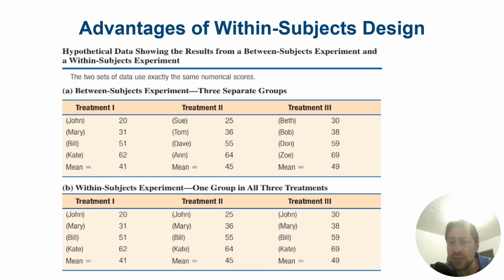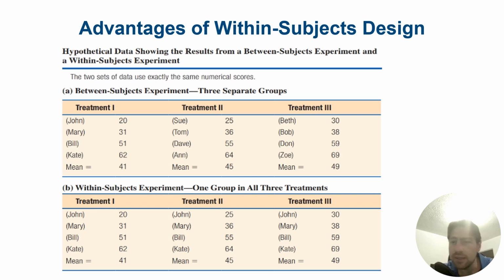Now, what you'll notice is that the means and the scores are the same for all 3 treatments in A and also in B. So the data are all the same. The only difference is that in A, the data come from 3 different groups of people, and in B, they come from the same group.